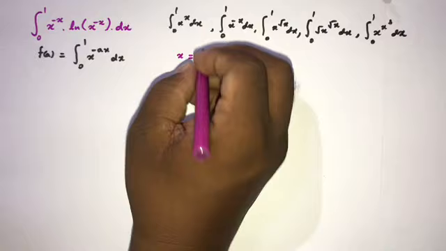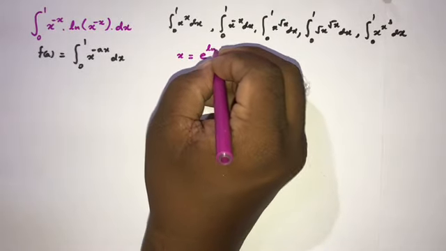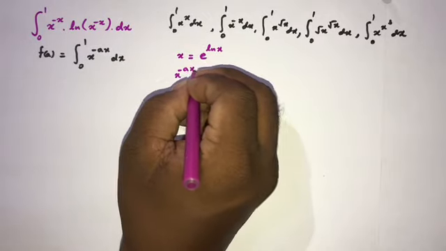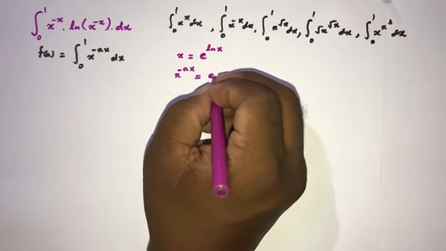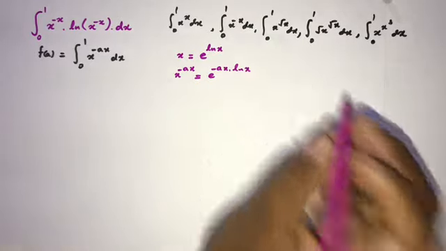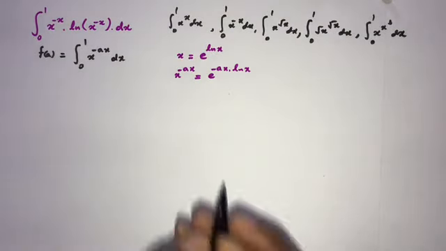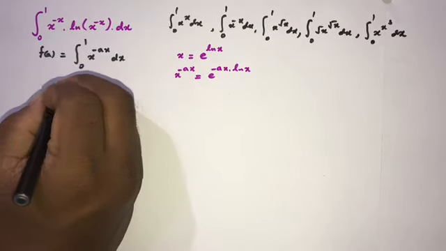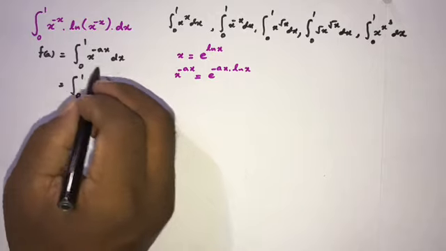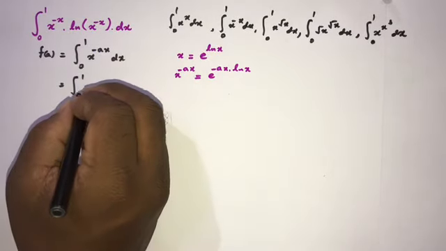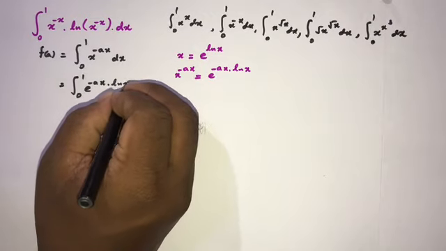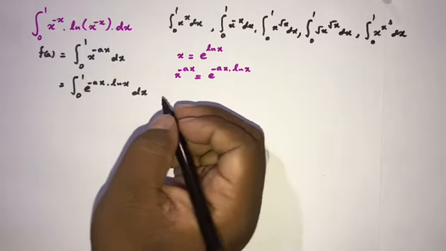Okay, then we know x is equal to e to the natural log of x. So we can write x to the minus ax as e to the minus ax times natural log of x, and substitute here. So we can write the integral from 0 to 1 of e to the minus ax natural log of x dx.